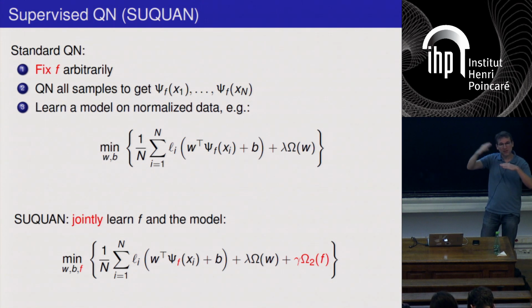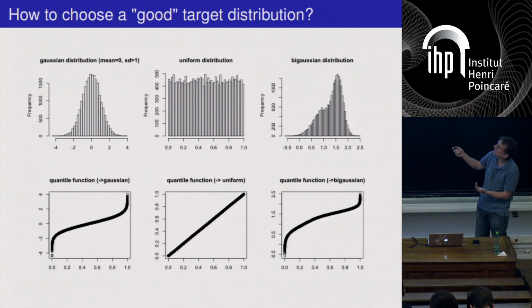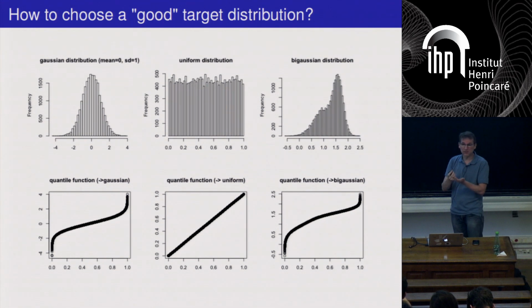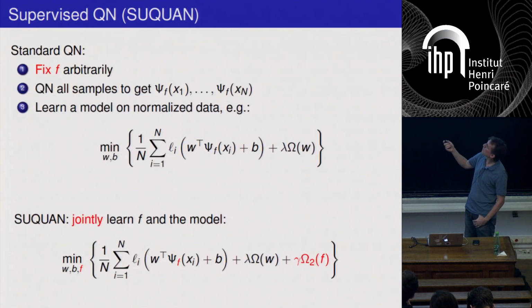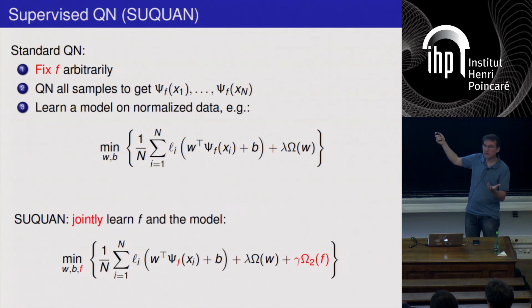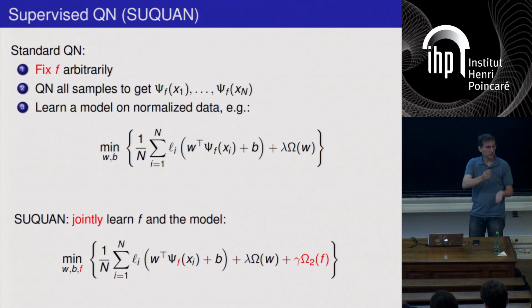Now, if you have these two steps, you could say maybe instead of fixing f a priori, I could put it in the optimization model, and maybe I can learn the best target histogram so that the machine learning problem is better solved. And because machine learning is about optimizing something, a slight modification is just to keep the same target, to say I want a good discrimination, but to give one more degree of freedom, which is not only to optimize the linear model once I have mapped my data to the linear space, but also to optimize the representation by letting f be a parameter here.